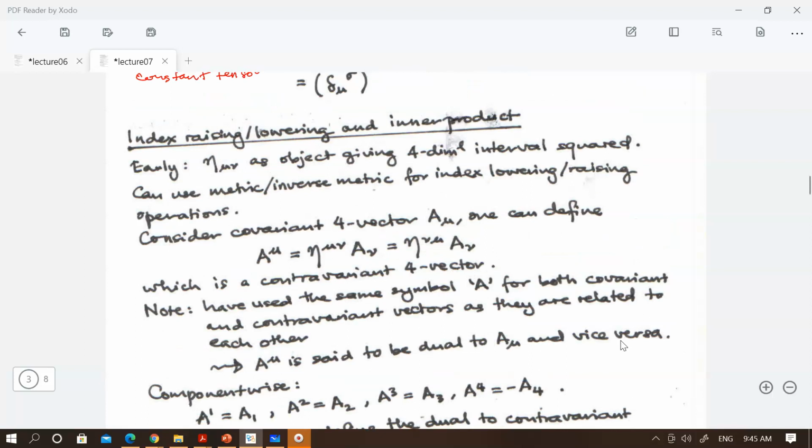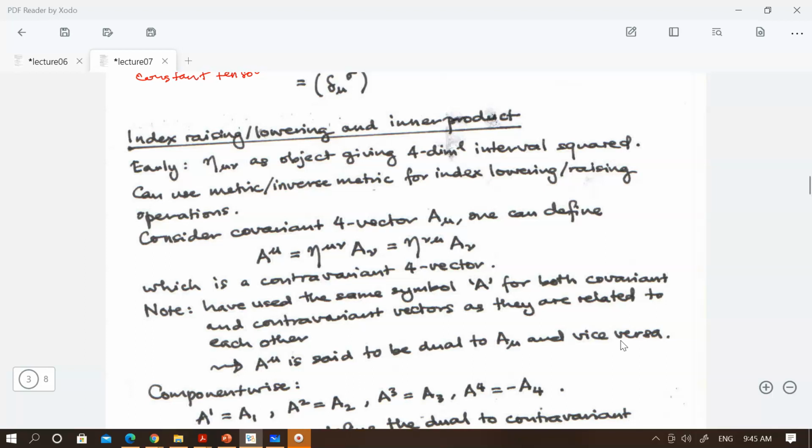One of the good things about having a metric and also the inverse metric is that it acts as an operator, in the sense that we can take a covariant vector and convert it to a contravariant vector. So how do you do this?